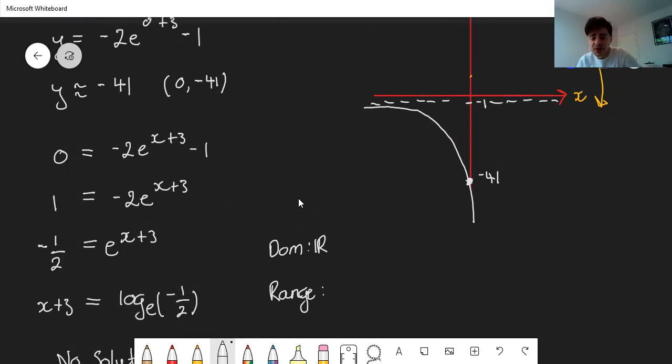Looking at the graph, the smallest y value is going to be negative infinity, and that comes all the way up to negative 1 without touching negative 1. Negative infinity to negative 1.